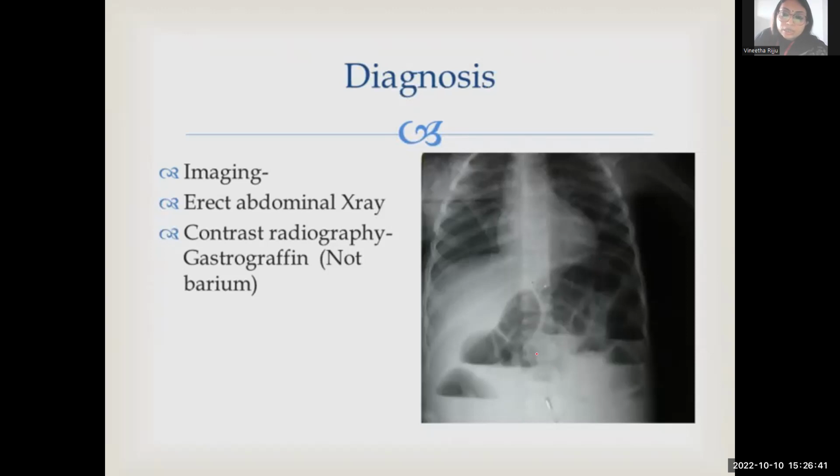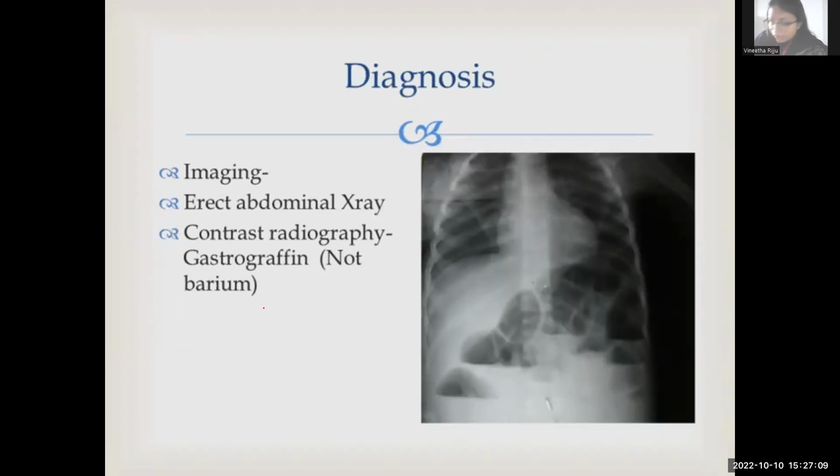Just like how you can see in the lungs, the air is there as well. So this is very typical of obstruction. Now, you can do an erect abdominal X-ray, or you can do a contrast radiograph. Okay, so you can take a CT abdomen and do a contrast radiograph.